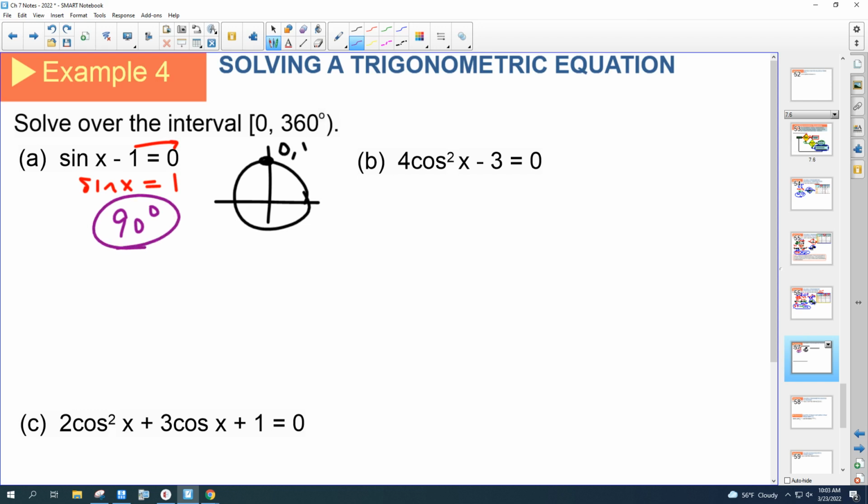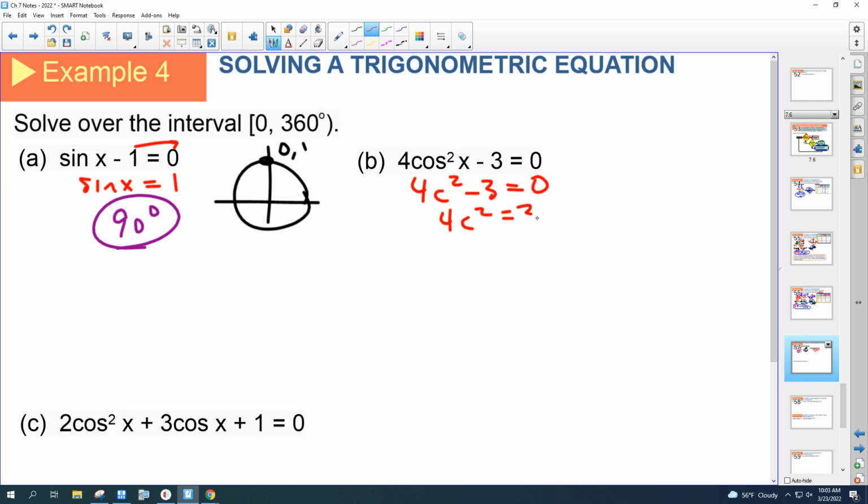Part B. I only see one variable term. If I only see one variable term, I can isolate. If it helps you to code switch, think about it this way. If I've got 4c squared minus 3 equals 0, you should be able to tell we're going to add 3 and divide by 4 and then square root. You've done these kind of problems enough where you can probably do some of it in your head.